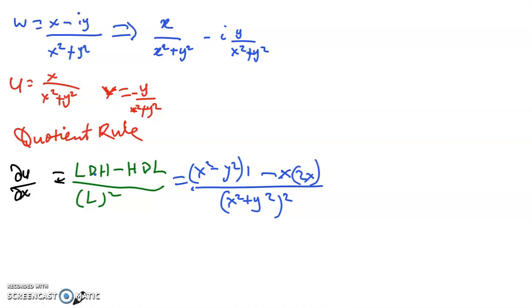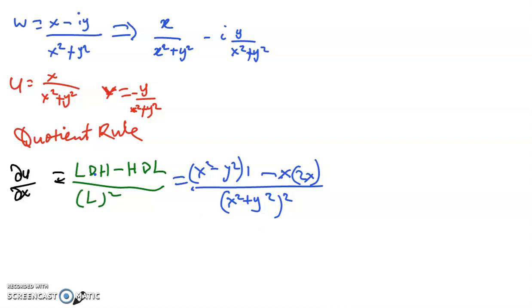So now when you use this formula, low d high minus high d low, divide by low squared, you will simply get x squared minus y squared. The derivative of what we have here, which is x, is simply 1. And now we want to find the derivative of what is in the denominator with respect to x, which is x squared plus y squared.